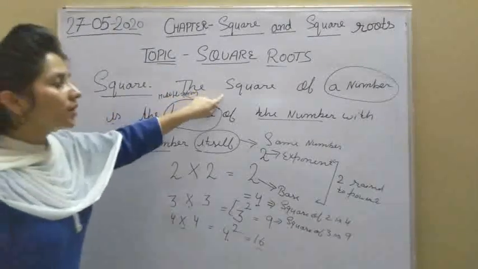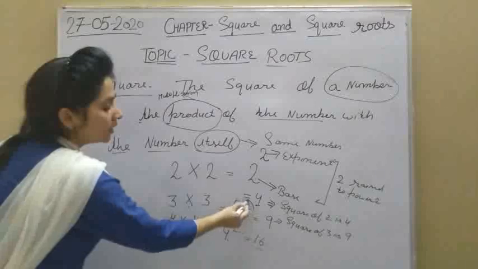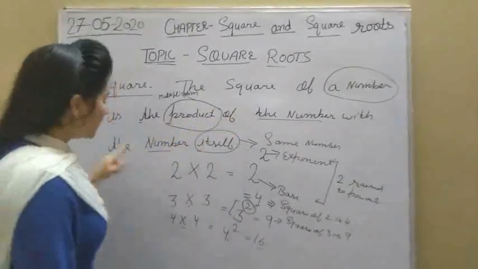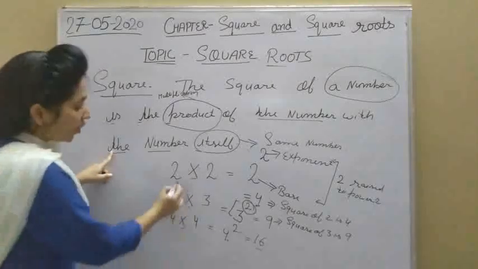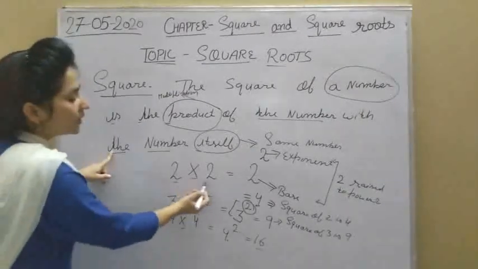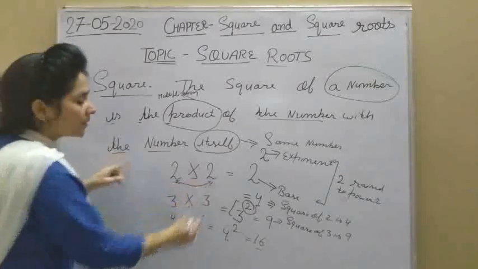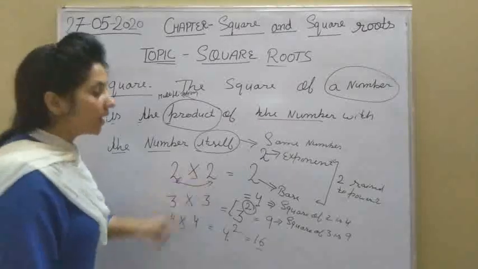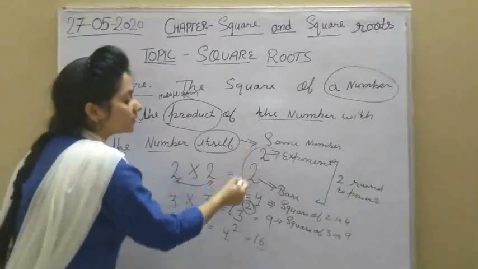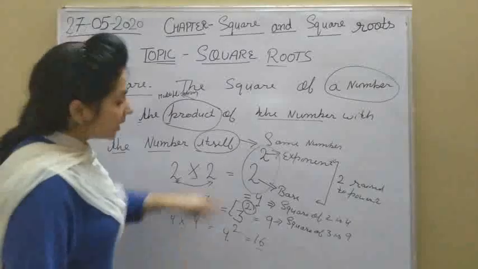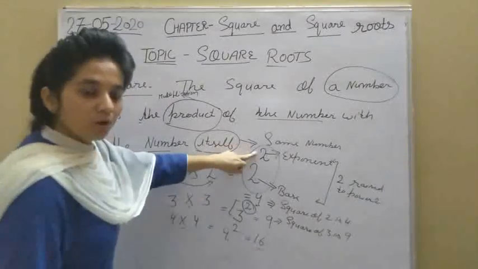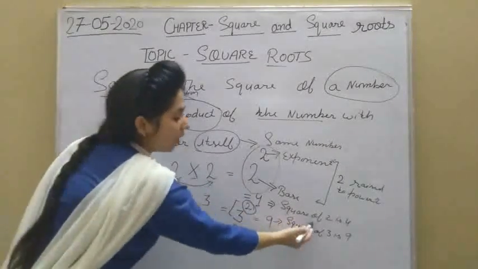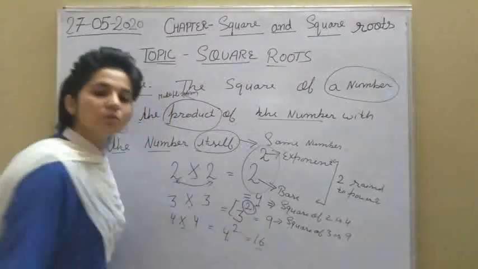So the square of a number is the product of the number with the number itself. जब किसी भी नंबर को सेम नंबर से वन टाइम मल्टीप्लाई किया जाता है and the result is obtained like 2 raised to power 2, so we can say the square of 2 is equal to 4.